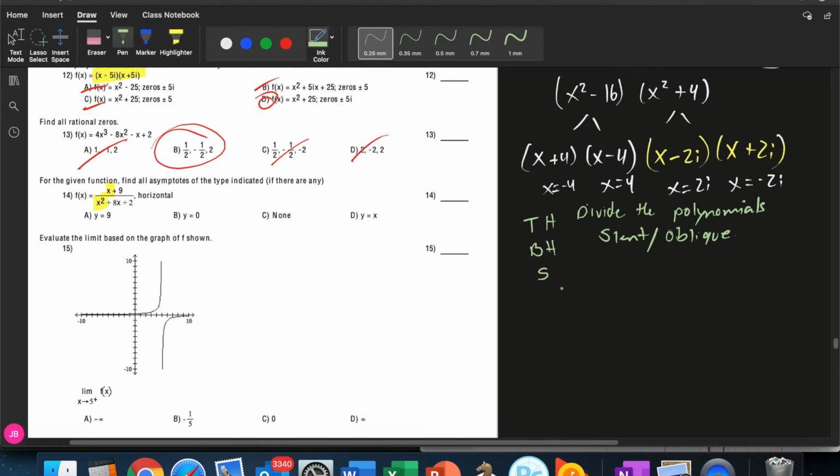For when they're the same, you actually divide the LCs. You divide the leading coefficients. So you would divide whatever the leading coefficients are, and that would be your horizontal asymptote. For bottom-heavy functions, these are the easiest ones. It's always just y is equal to 0. So there's actually nothing mathematical to work out. You just need to remember that rule. Y is equal to 0.